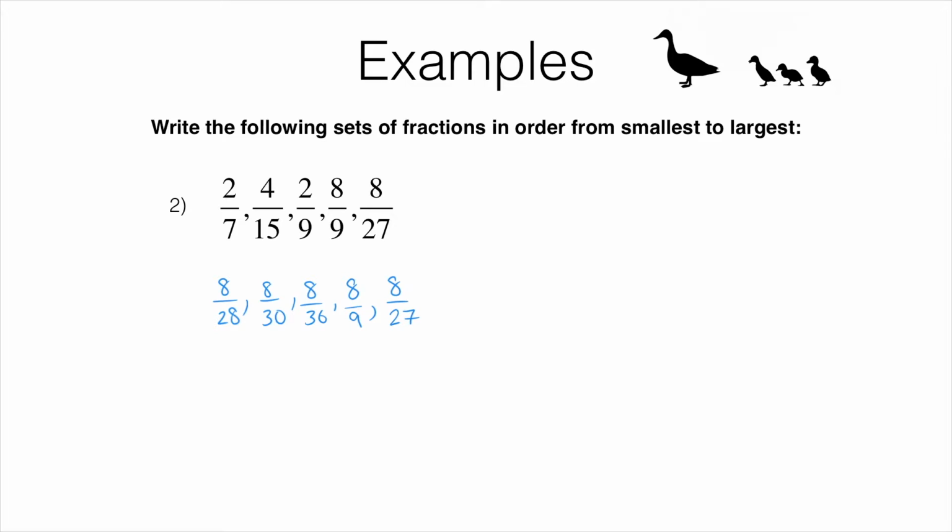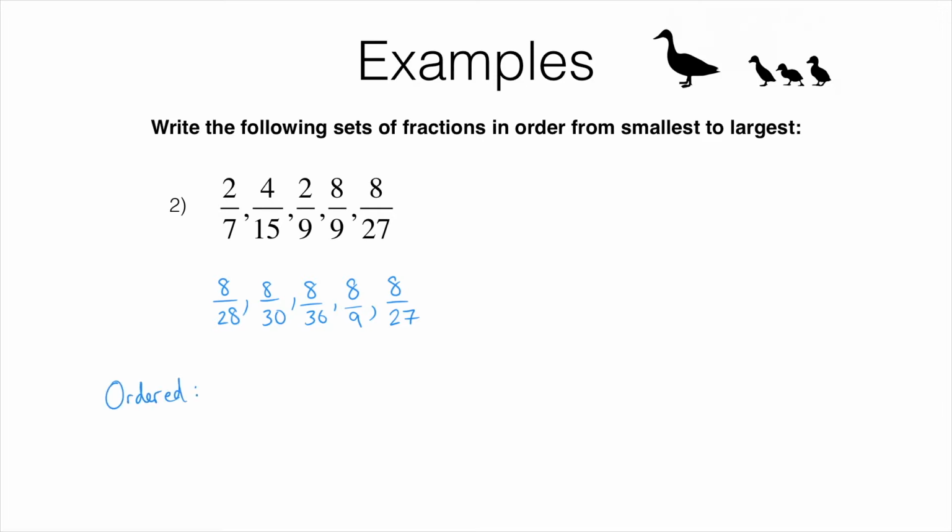So what we've done is find equivalent fractions for this list. Now we've got common numerators, it's easy to put them in order. Remember, the fraction with the biggest denominator is going to be the smallest fraction, because the big denominator means we've got really small slices. Therefore, the ordered list is as follows.